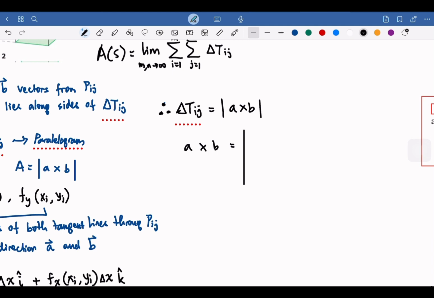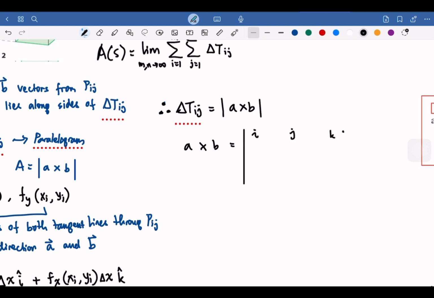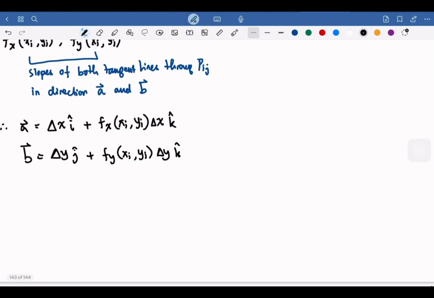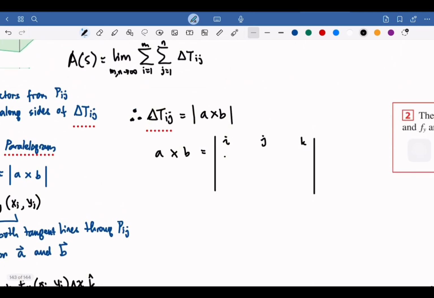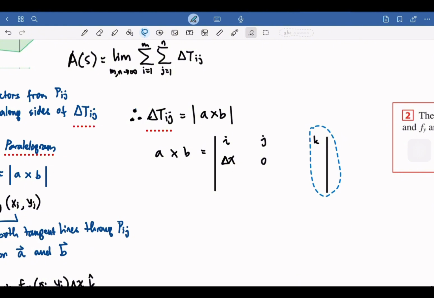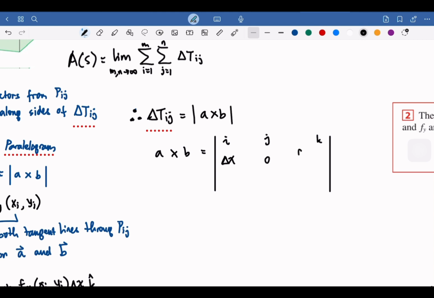Okay. So for the cross product of the vectors, we can write the axes or the unit vectors, and then the equations: we have delta x, this is A, and j is 0, and this is partial x at xi yi delta x.